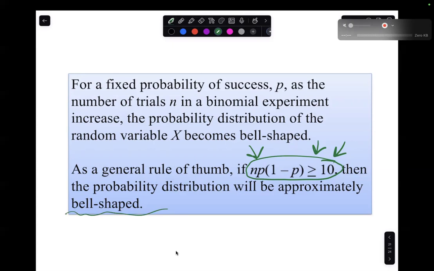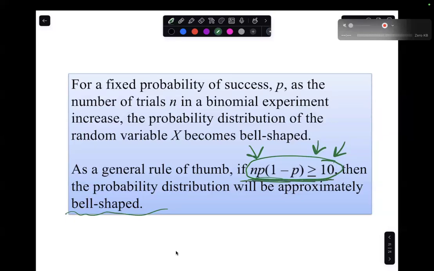This becomes really important because most of our tools that we use for analysis require that our distribution be bell-shaped. So we test this with NP times 1 minus P greater than or equal to 10. We test to see that it is bell-shaped before we apply our methods of analysis. So this right here is our rule of thumb.